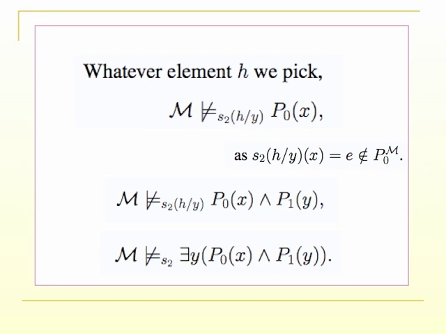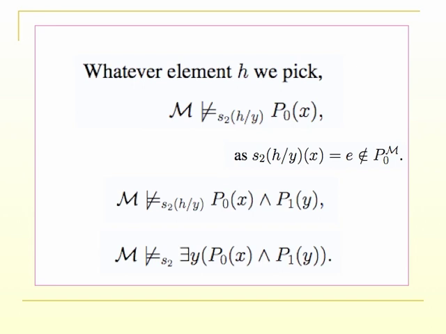Let us finally show that S2 does not satisfy the formula in M. Whatever element h we pick, S2 h/y does not satisfy p0 x, as S2 h/y in x is e, which is not in p0 M. So S2 h/y does not satisfy p0 x and p1 y in M, whatever h is.